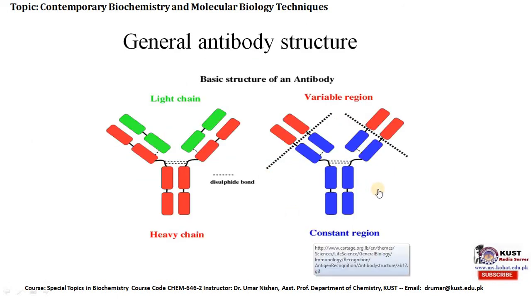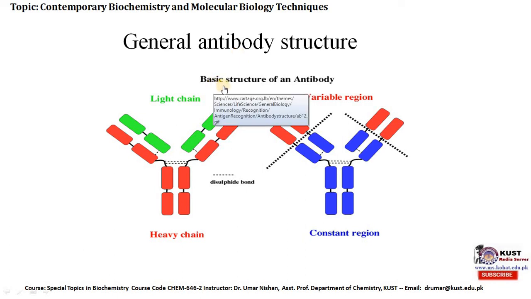Now, before going further, we have to understand the general antibody structure. The basic structure of an antibody is that it consists of a light chain, the one that is in green, and it consists of a heavy chain, the one that is in red.